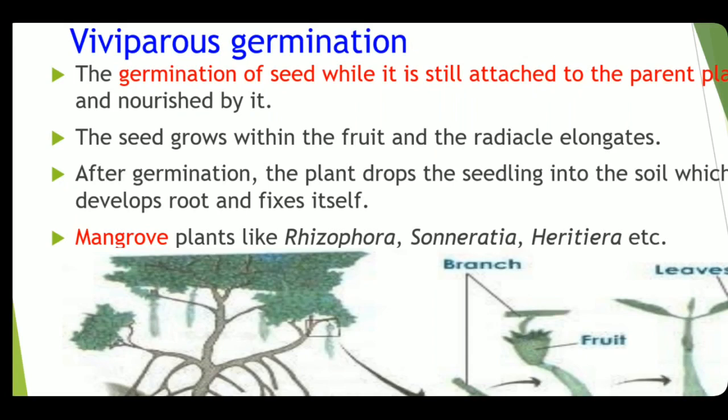So nature has given a wonderful adaptation in such plants, the marshy land plants and especially the sea coast plants. That is viviparous germination.